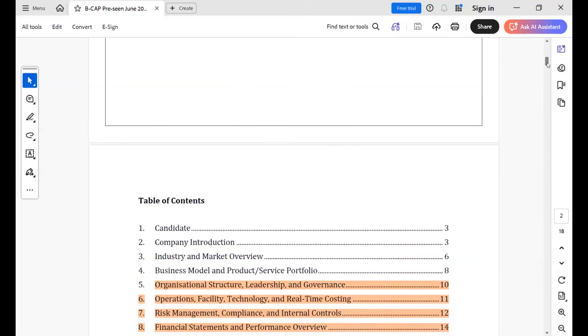For this case analysis, you require the subject knowledge that you have already studied: management, accounting and finance, a little bit of risk management, auditing knowledge, and corporate governance and risk, including the ESG part.